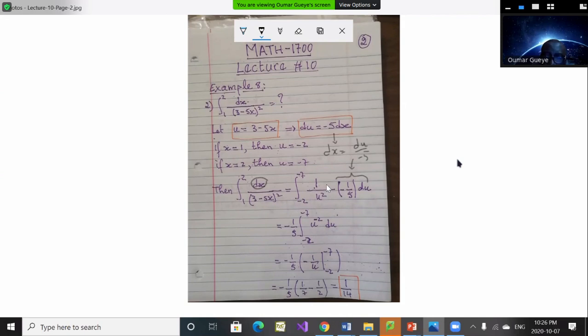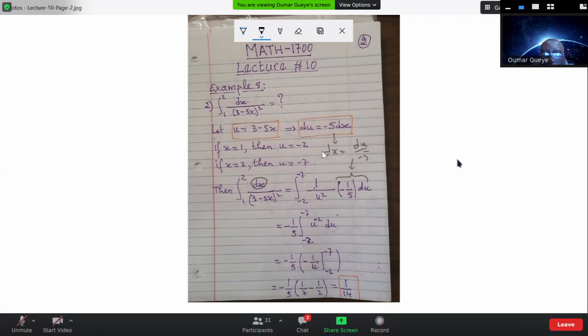Because you change your variable of integration. You integrate with respect to u, so it cannot be dx. Dx is when you integrate with respect to x. It should always be du. Your new variable is u, not x. The du means this integral is calculated with respect to the variable u. That's why we have to use du instead of dx, because you use a substitution. This is the third time we apply it.